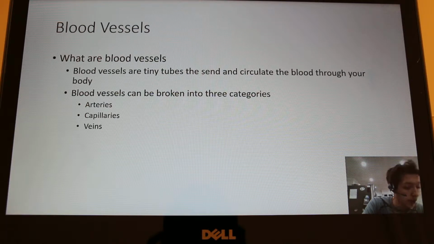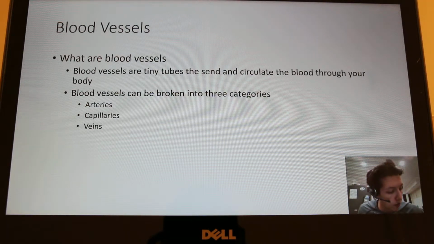They are designed to transport our nutrients and oxygen to the tissues of the body. Blood vessels can also carry away waste and carbon dioxide from the tissues back to the heart. And all blood tissues will rely on our blood vessels.